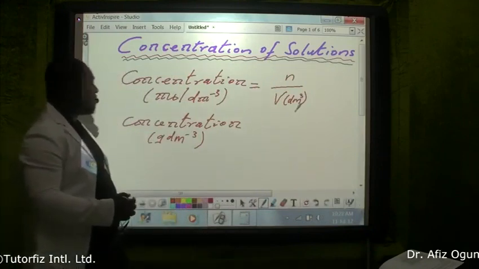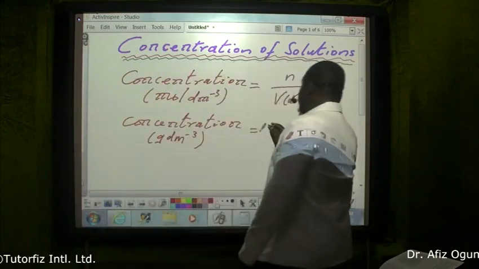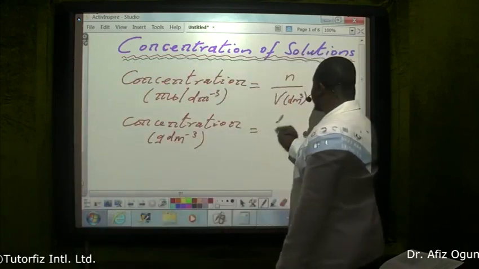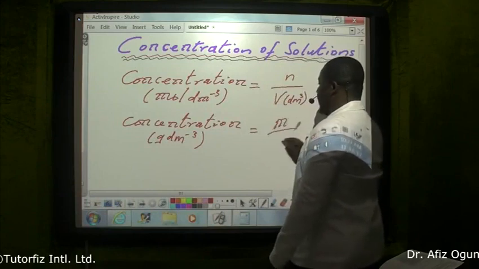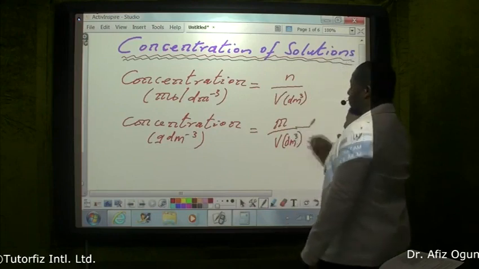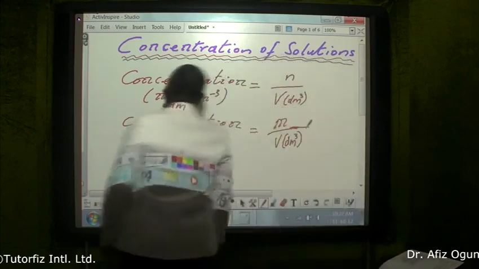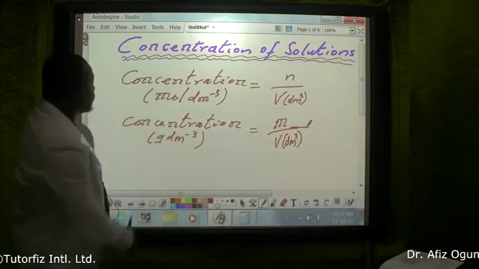And concentration in gram per dm cube, as easy as ABC, is mass divided by volume in dm cube. So this is concentration in gram per dm cube. And how do I convert one to the other?